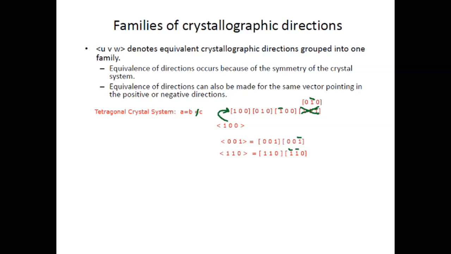So again, these can contain equivalent directions. That's what we mean by family. It includes both the positive and the negative directions. And this is based on the constraints of the crystal system.